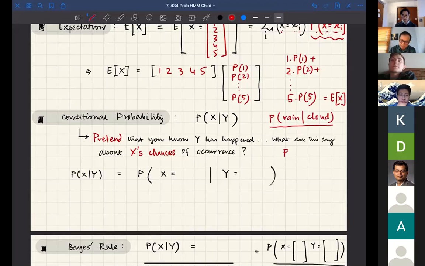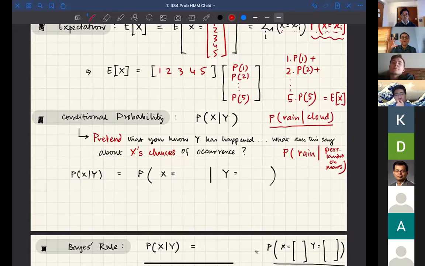If I say the probability it'll rain given Perseverance has landed on Mars, you can say, man, there's no connection between these two. What is the chance it's going to rain on Earth given Perseverance landed on Mars? In this kind of setting, you can immediately say that this is the same as the probability of rain. There's no value in knowing this information that Perseverance has landed on Mars.